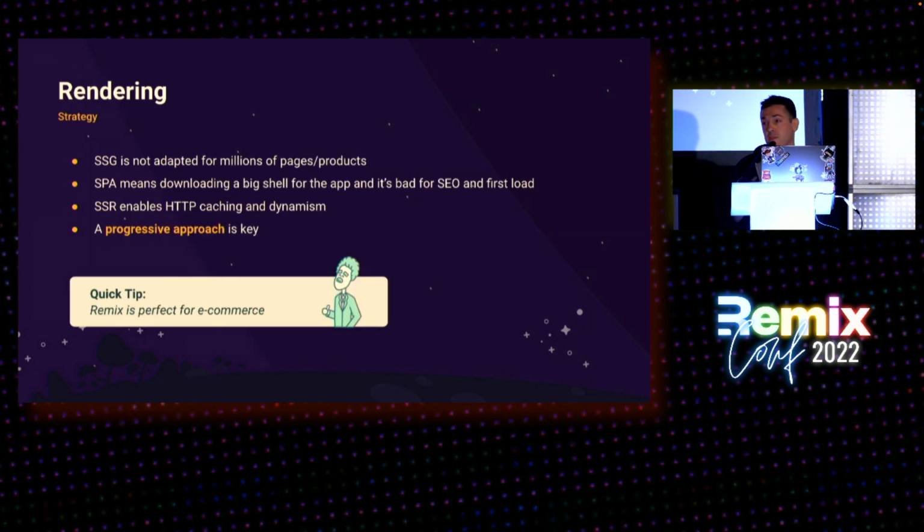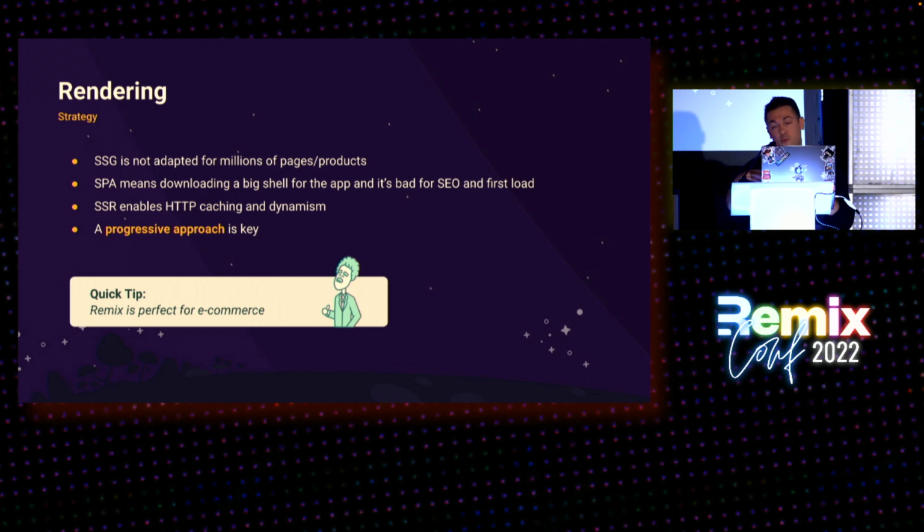So rendering first. You can have static site generation, which is great, but it means that every time something changes on your website, you have to regenerate everything. So it doesn't apply to an e-commerce website with millions of products and millions of pages.